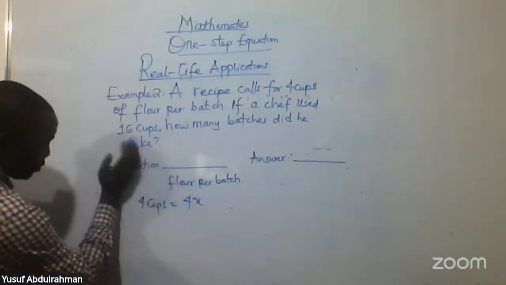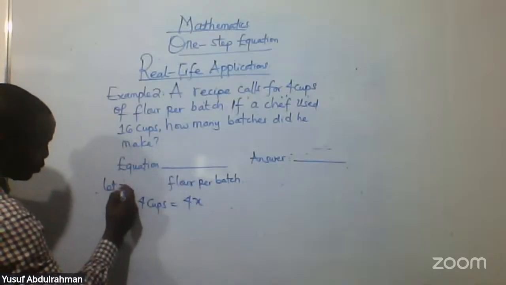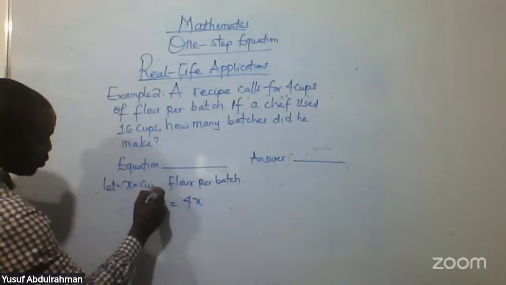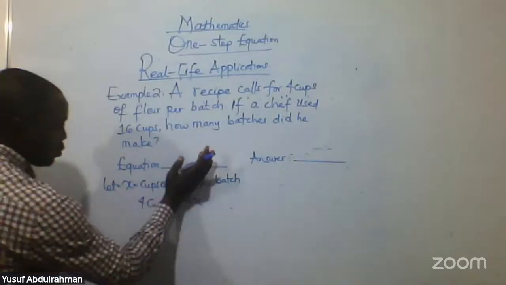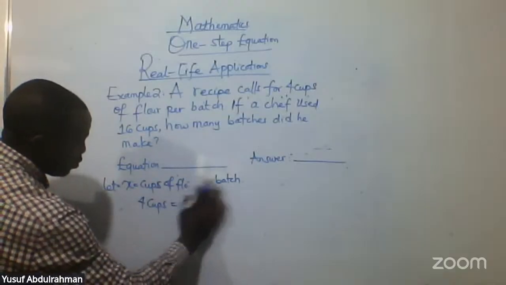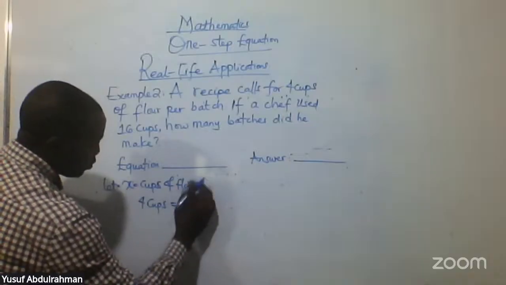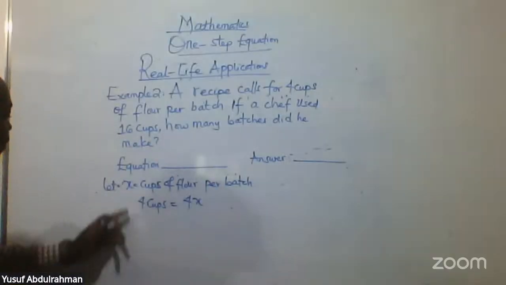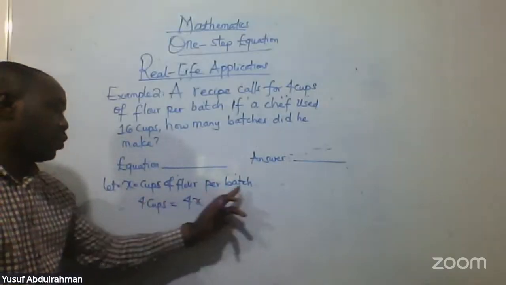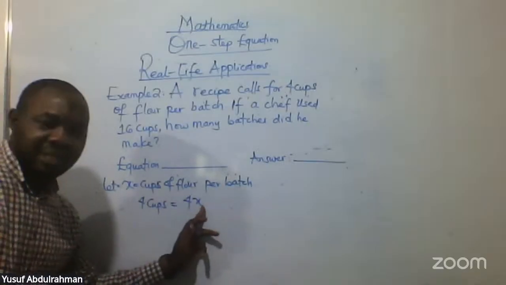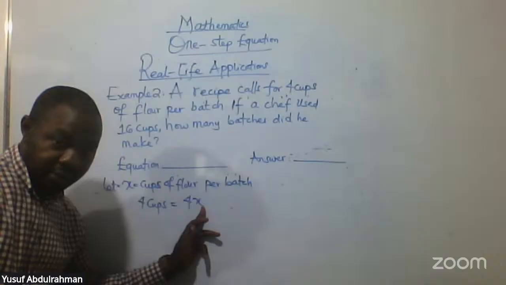Okay, so x equals cups of flour per batch, and 4 cups of flour per batch will be 4 times x. Do you understand? All right, so 4 times x.